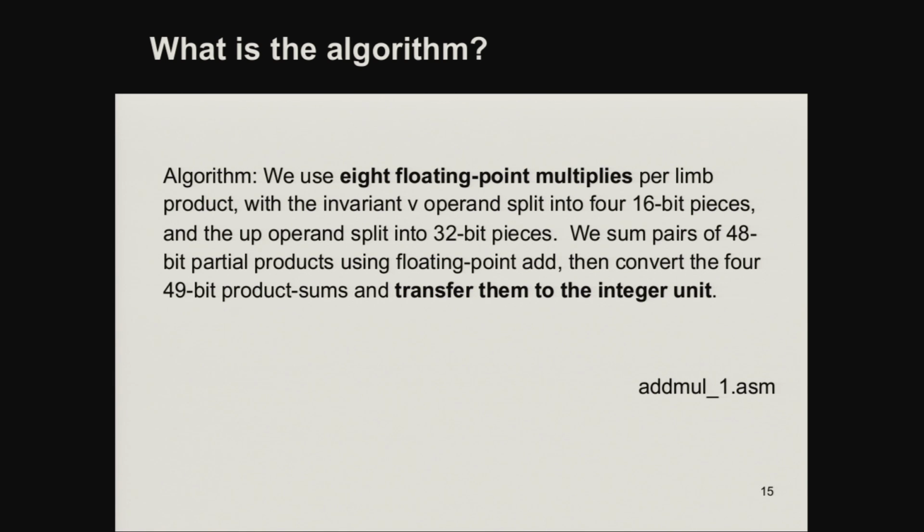But one thing you notice that's a little bit odd as they're moving through is, they're trying to do 64-bit arithmetic here as integers, and they are flipping back and forth between, at some points it's 16 bits, at some points it's 32, other times it's 48-bit partial products, and then sometimes they have 49-bit terms that they're using. So does anyone have any guess for why they're doing that?